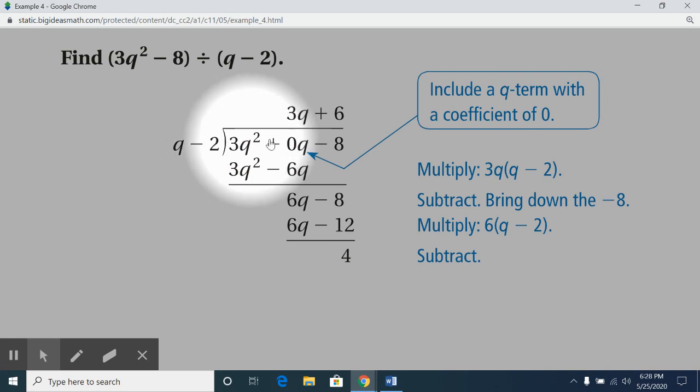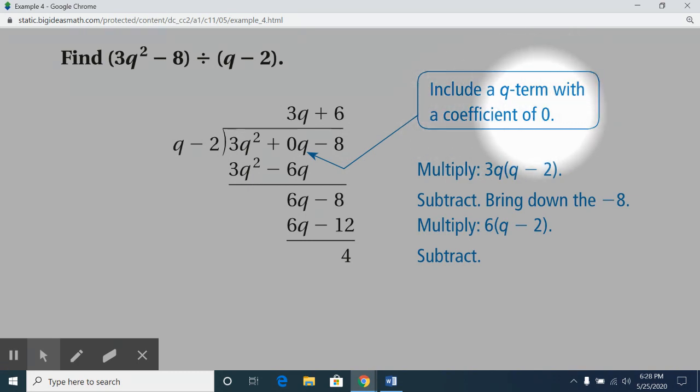The 3q squared minus 8, we must insert a missing term. In order to keep this division true and make it work, we're going to put a 0q in the middle of the 3q squared and the minus 8 to help us to have like terms. So again, it says include a q term with a coefficient of 0.